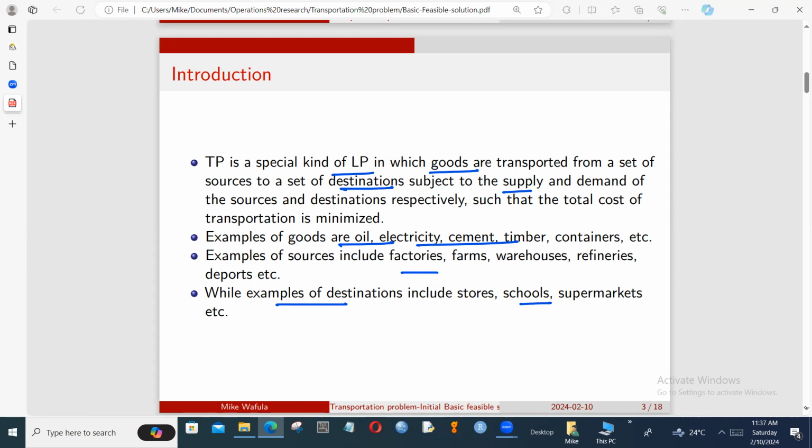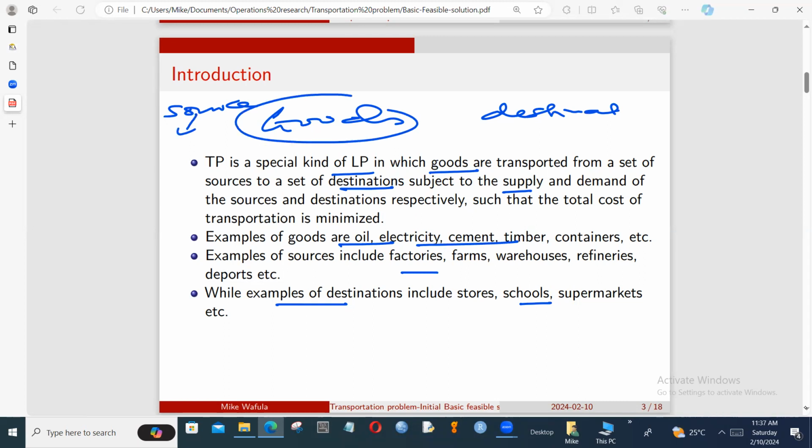So basically, we are talking of 3 things. We have goods, and these goods are being transported from sources to destinations. We are going to have several sources of transporting a particular good, and several destinations. So we want to minimize the cost of transporting these goods to the various destinations.